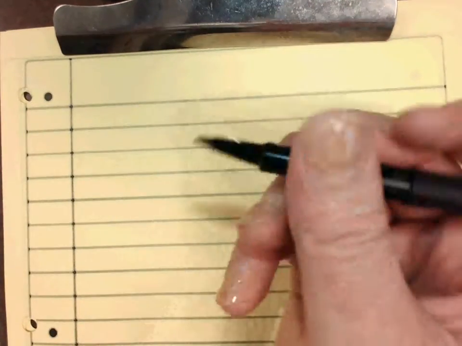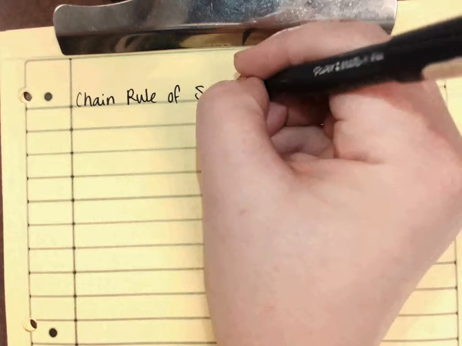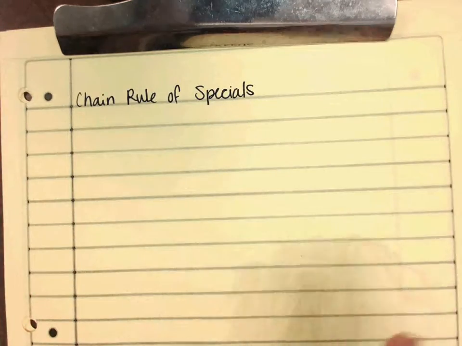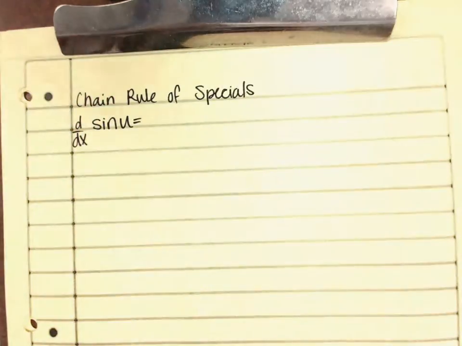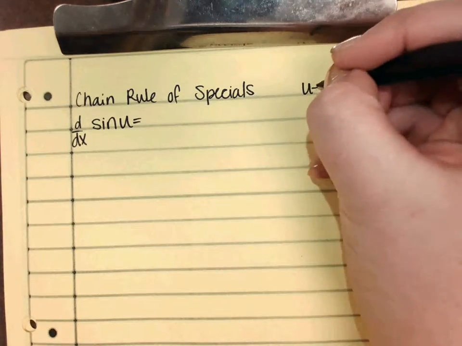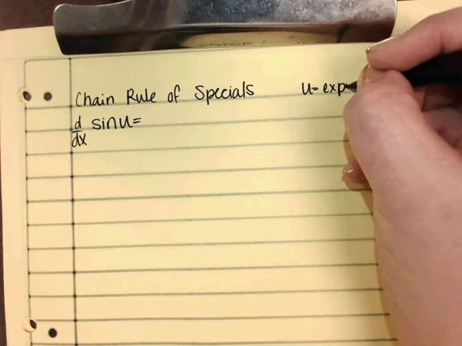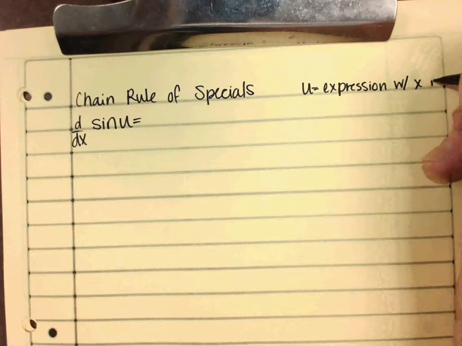Okay, so ready? Now, I'm going to give you chain rule versions of all your specials. They're easy. They're going to get easier now. If you were taking the derivative d dx of sine u, let's say for all of these examples that your u is going to be an expression with an x in it.